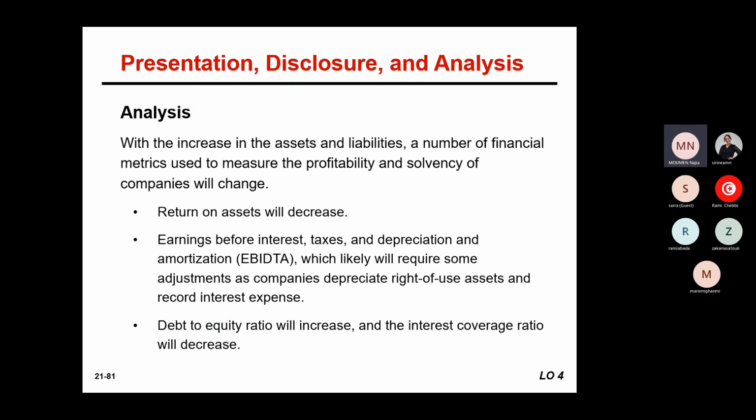So this is one of many reasons that explain the lobbying against this standard, in particular from the lessee perspective, because most businesses used to provide this information off balance sheet.